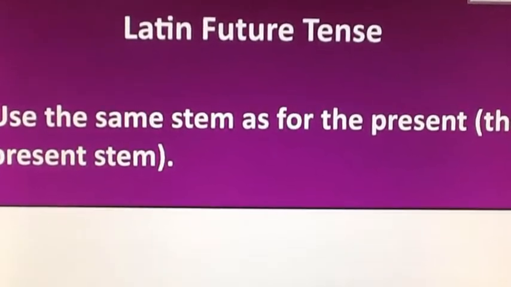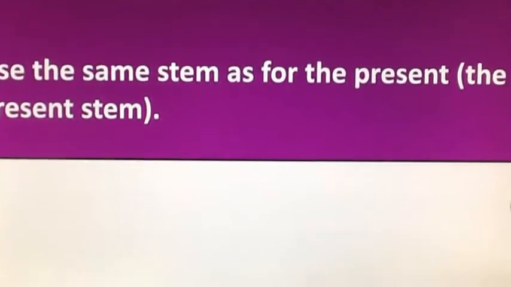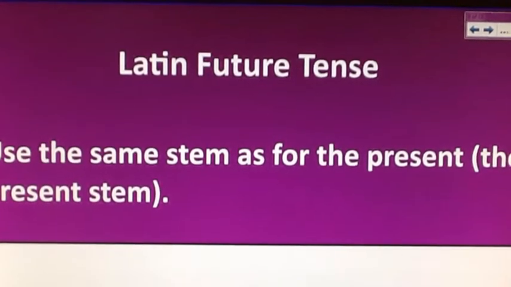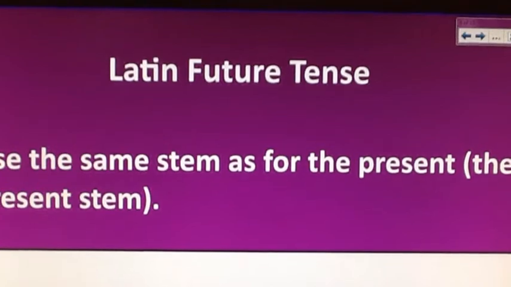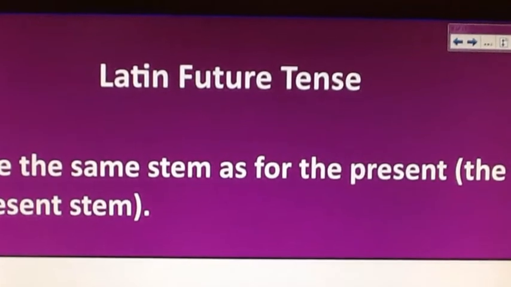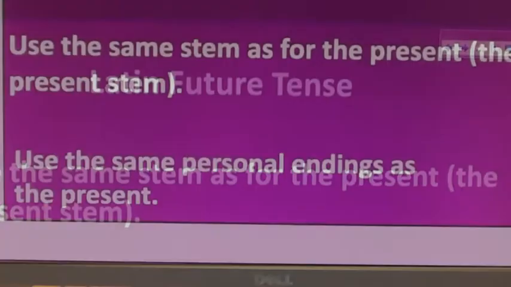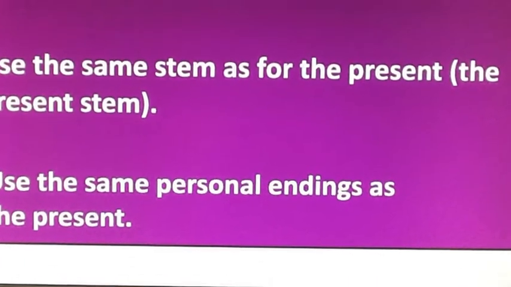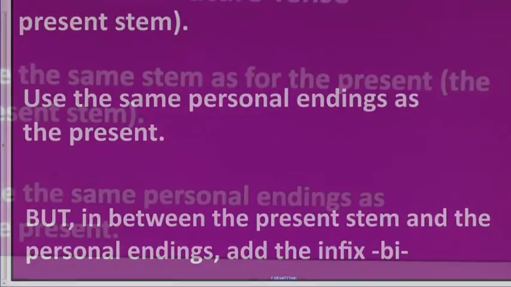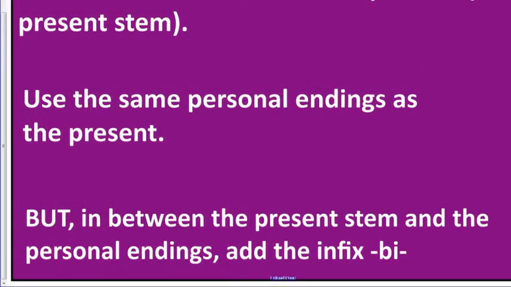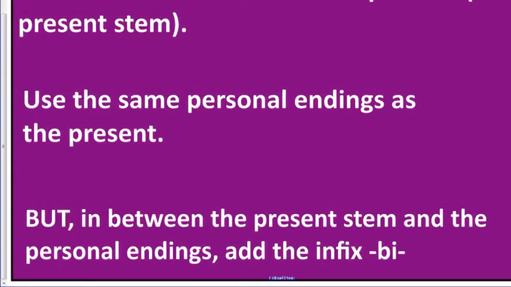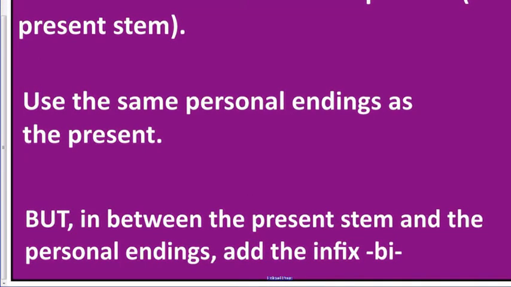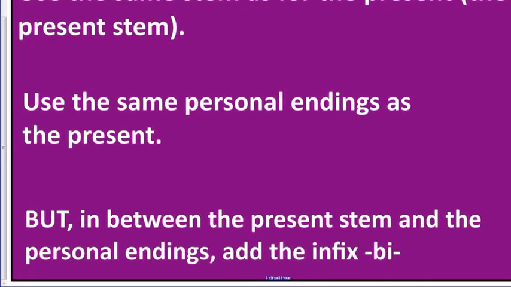When you conjugate the future tense in Latin, you're going to use the same stem as you did for the present tense. So the second principal part, also known as the infinitive, minus the RE. You're also going to use the same personal endings, those most, must, is, nt endings. So you might be asking yourself, what's going to be different? And the answer is that in between the stem and the endings, you're going to add the infix bi.